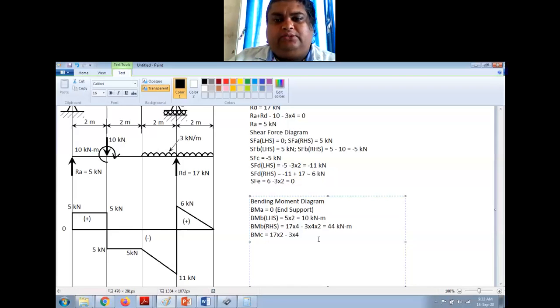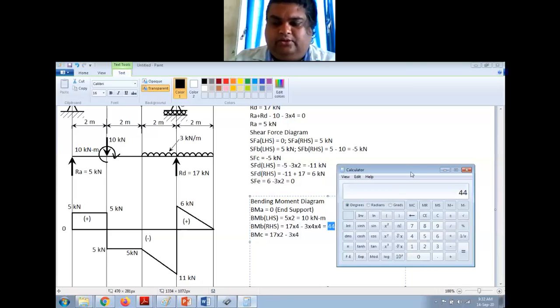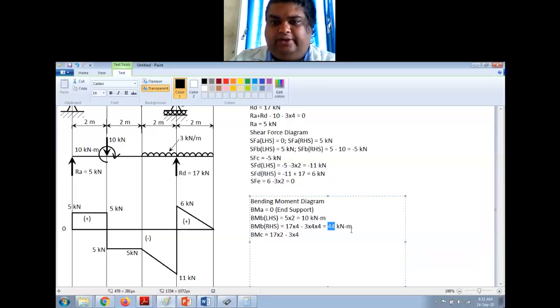So the force is 3 into 4, 12 kilonewton, and that will be acting here. So this distance is 4. I put it as 2. I'm correcting that. So this will change. 17 into 4 minus 3 into 4 into 4. So that will be 20, not 44.